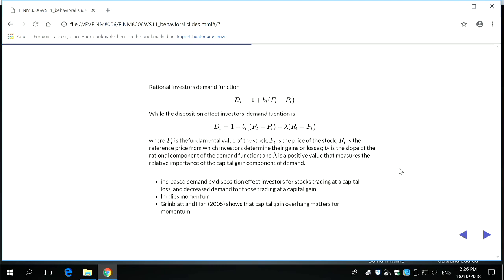Right. So if you look at the paper by Grinblatt and Han, they precisely show that momentum is correlated with what's called the capital gain overhang. Basically, it measures how much the investors have nominal capital gains without actually selling.